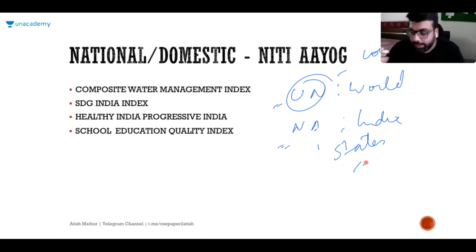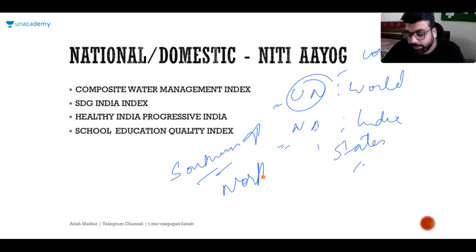The general idea is southern states usually perform better than northern states across the parameters. And that's dominantly what the Niti Aayog does. They, for the most part of what they do, is make indices.